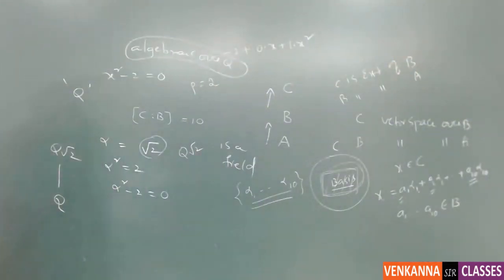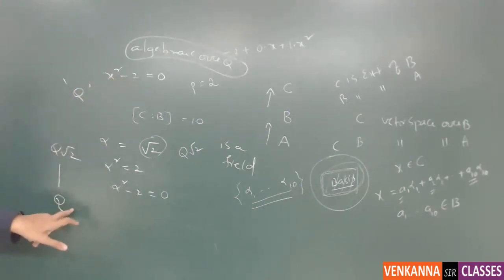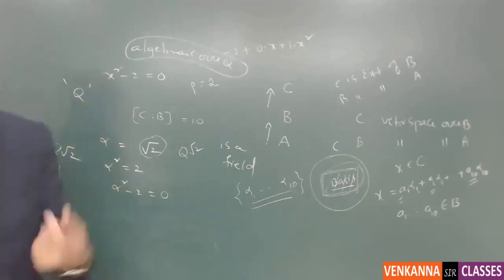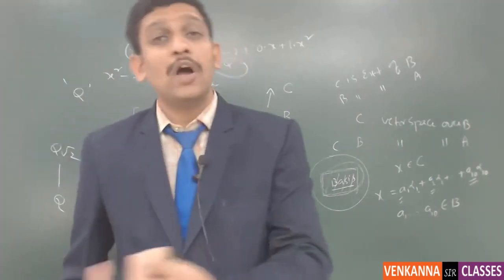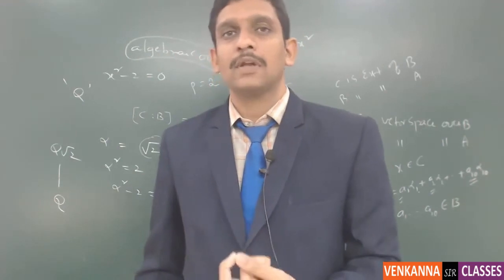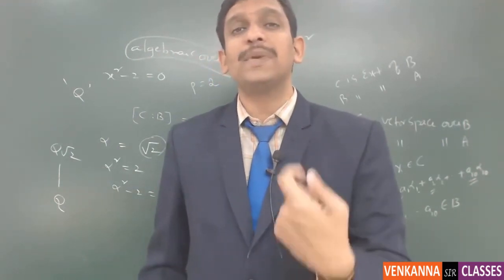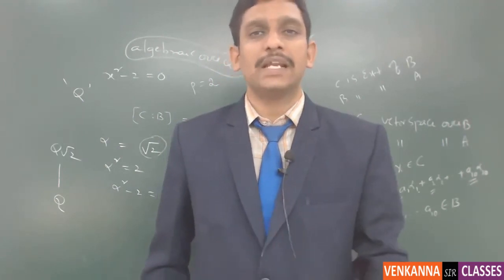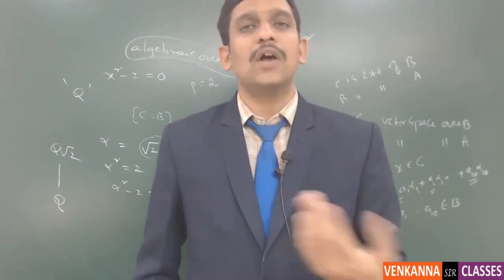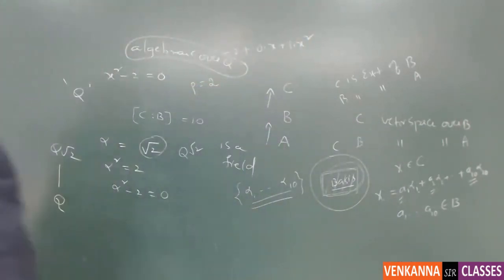The coefficients must belong to the field, you should have a root for that polynomial, and the polynomial must be irreducible. This is the basic criterion to say that an element is algebraic over a field F. Okay? Clear for all?